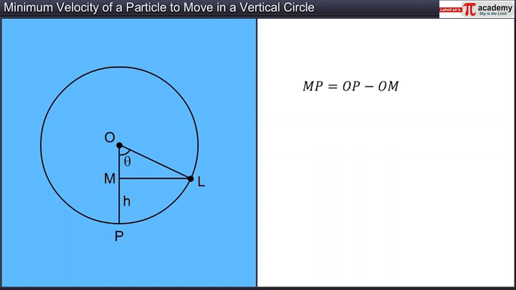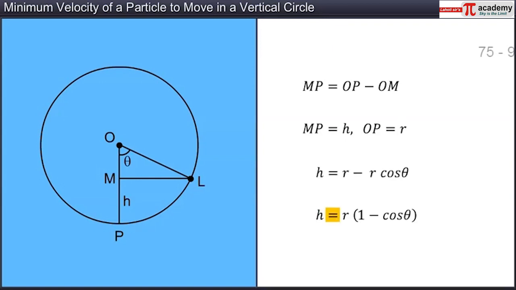From the figure, MP can be written as OP minus OM, where MP is equal to h and OP is equal to R. By substituting these values, we get h is equal to R of 1 minus cos theta. Let this be equation 3.